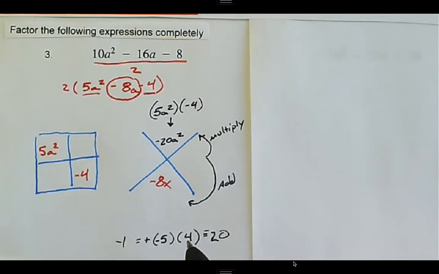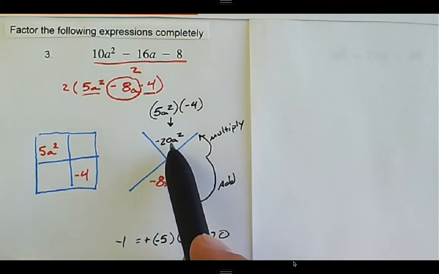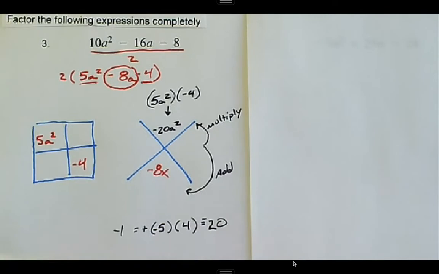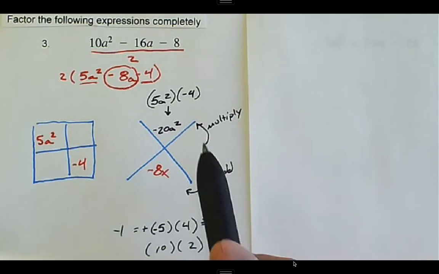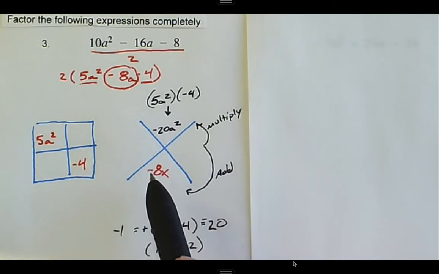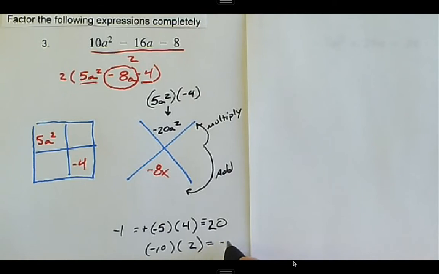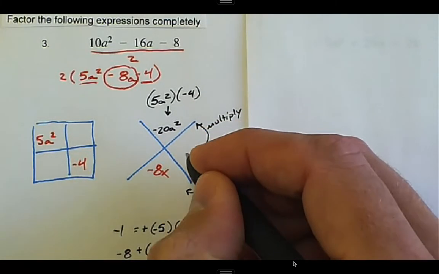The next one that we have to try, if we're thinking 20, is probably 10. So 10 and another number, let's say 2. All right, 10 and 2, and it has to be negative 20, and when they add together, it has to be negative at the end, so the bigger number has to be negative, so negative 10. So that is negative 20, and negative 10 plus 2 is negative 8. So that's what goes here.